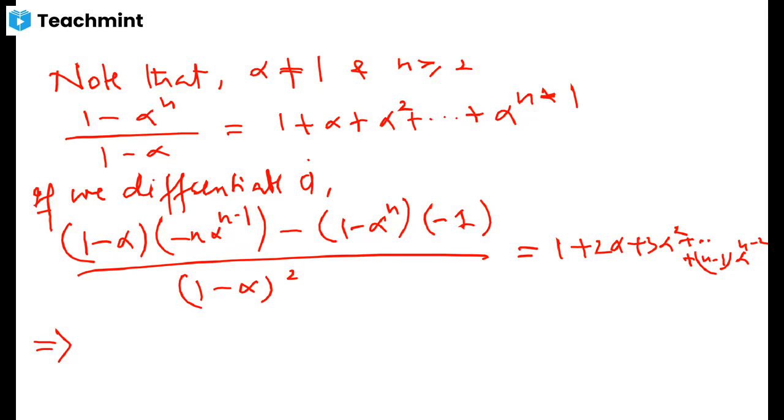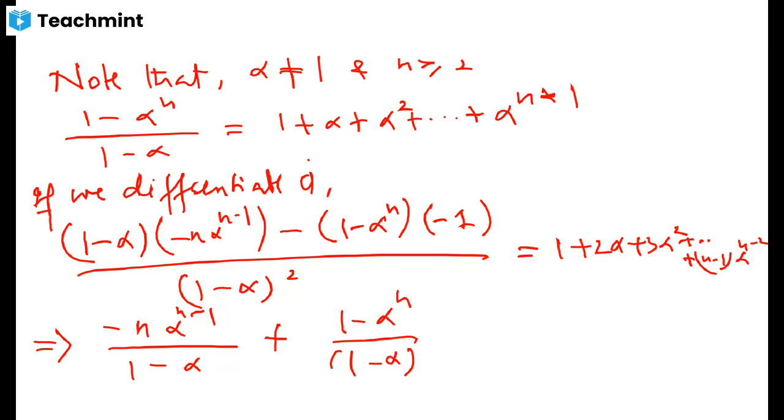It is minus n alpha to power n minus 1. The 1 minus alpha you can cancel out, and you will be left with 1 minus alpha. And the other term is minus, and minus it will be plus, and it is 1 minus alpha to power n upon 1 minus alpha square.